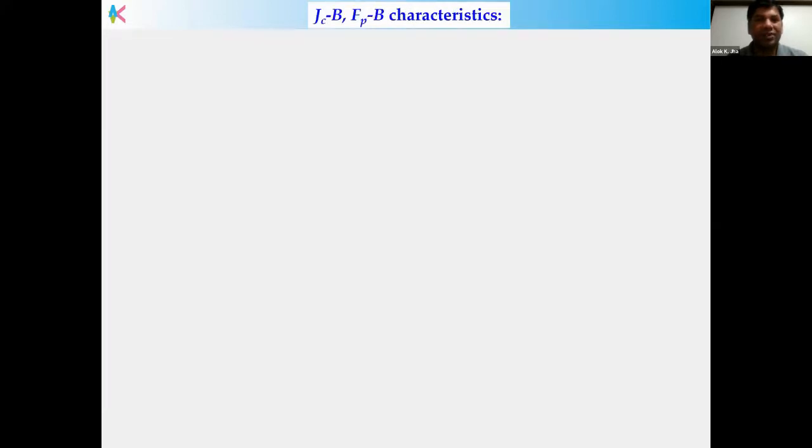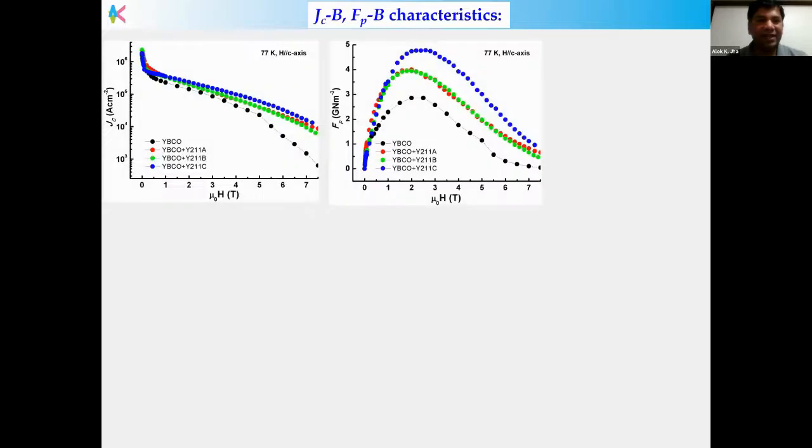So how has the JC improved in field? In this picture, we can see the variation of JC as a function of applied magnetic field. And at larger magnetic field, we can see that the JC is considerably enhanced. There is another parameter called pinning force density, which is nothing but the vector product of JC and applied magnetic field.